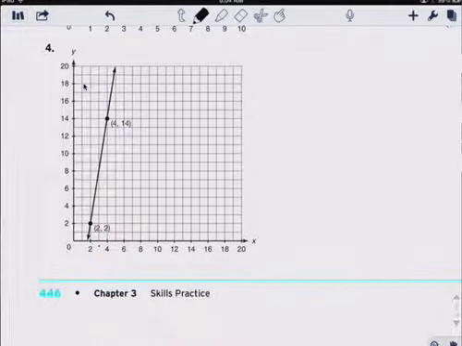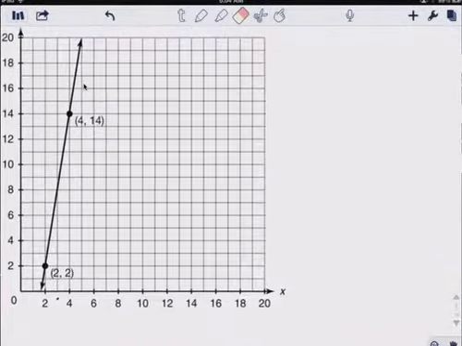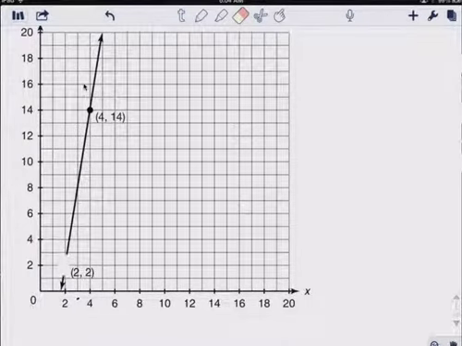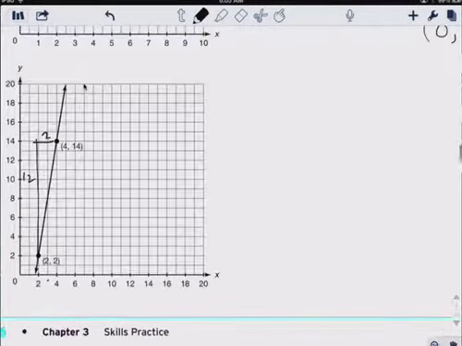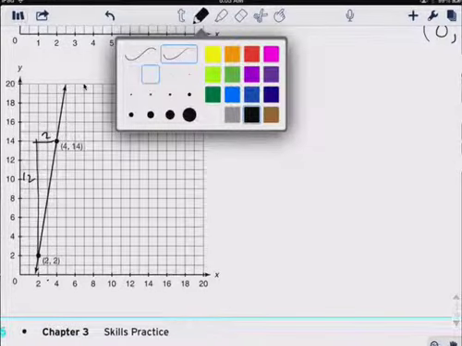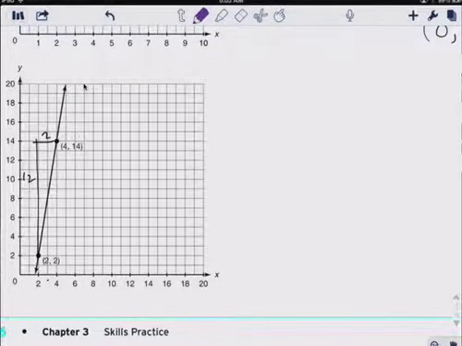You know the y-intercept's going to be somewhere here in the negative. The slope is from 2 to 14, that's 12 over 2, so 6. Slope is 12 over 2, or 6. Let's use the formula just to support ourselves.